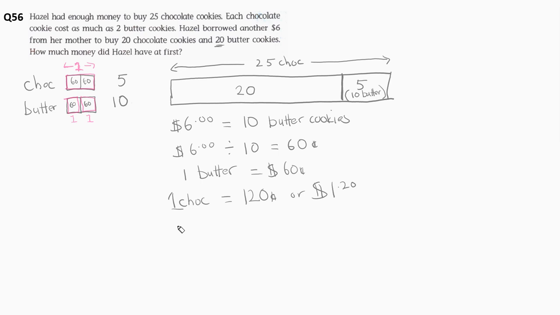So if we multiply 120 by 25, that is going to give us 3,000, and that's 3,000 cents, which is going to equal $30.